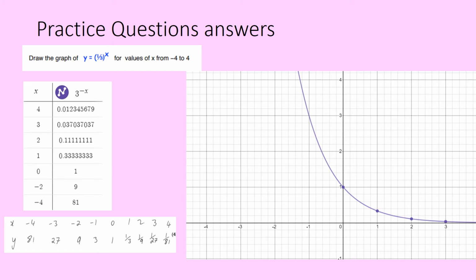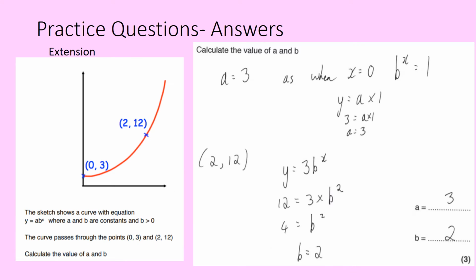And lastly, the extension question said, the sketch shows a curve with the equation y equals a b to the x. So that just means a is a value and b is a value and b is to the power of x. And a and b are constants and b is greater than 0.